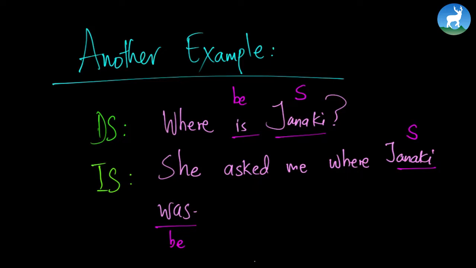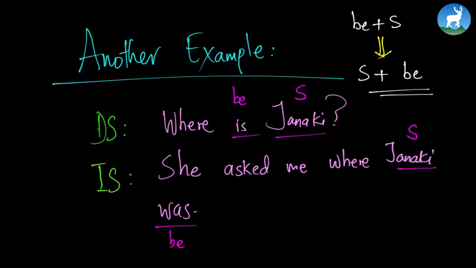So we need to change them back before putting the verb into the past simple. My idea is, the simple be plus subject is totally converted into what? Converted into subject plus be when we are changing direct speech into indirect speech.